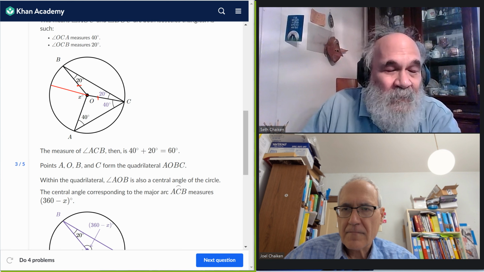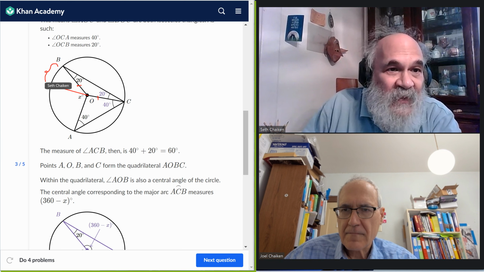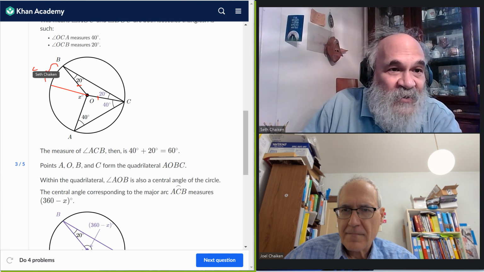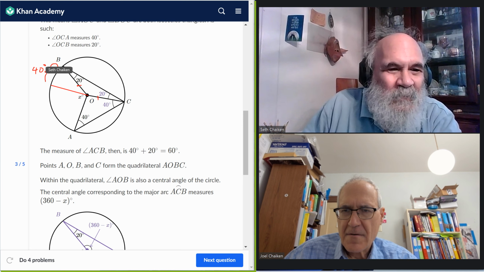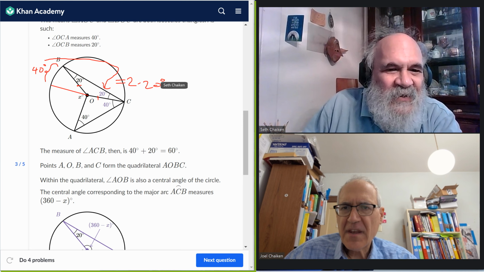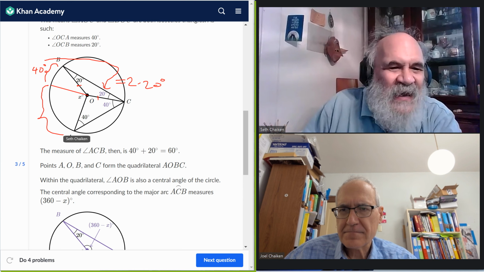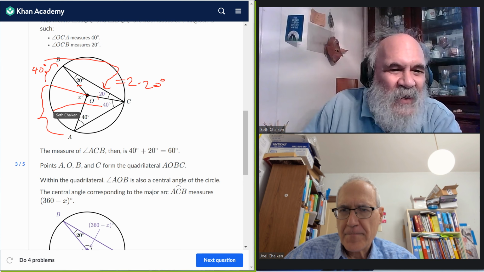the central angle of this is 40 degrees because it's twice 20 degrees. Similarly, the central angle of this arc is 80, twice 40 degrees, which is 80.